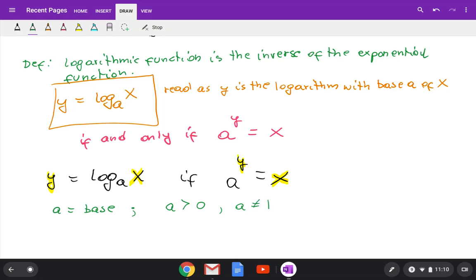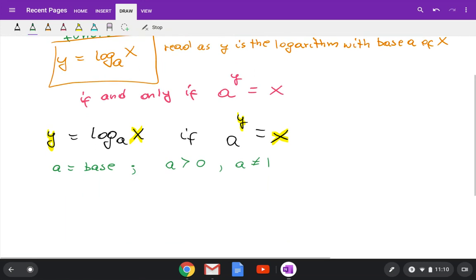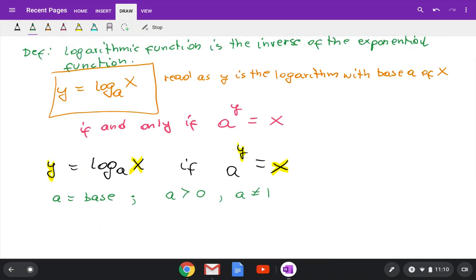So that's the information about base. Domain, I will talk about when we're graphing, or maybe just right here. And x, going back to log, but the explanation will come with the graph: the domain has to be greater than 0.